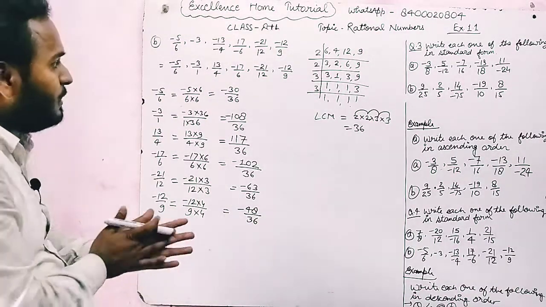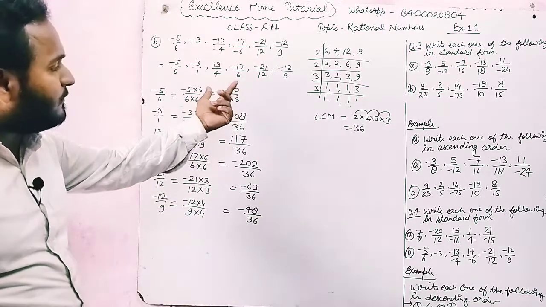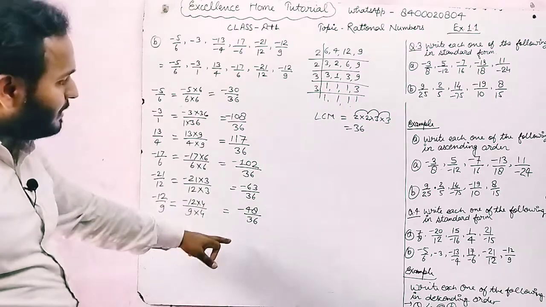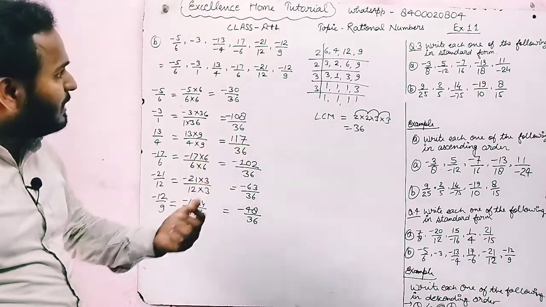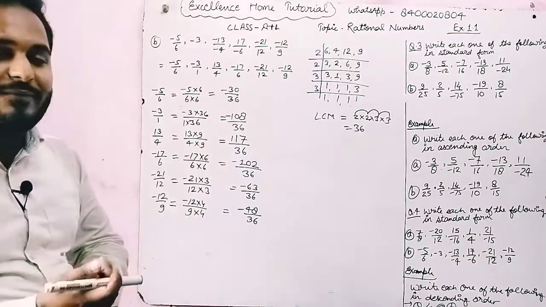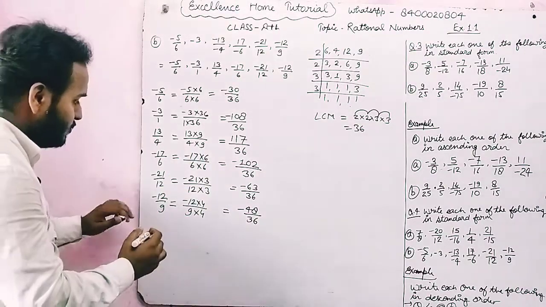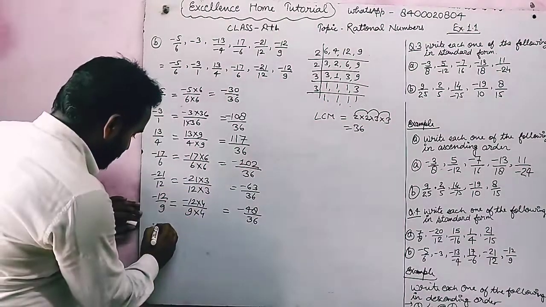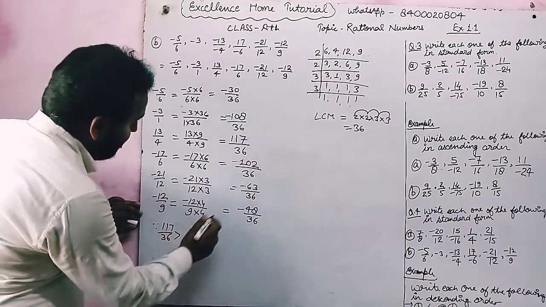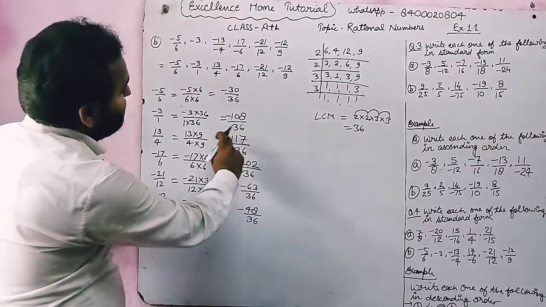So we can compare the numerators of these rational numbers. Almost all are negative, and this is only a positive number. A positive number is always greater than a negative number. So 117 upon 36 is the greatest number.